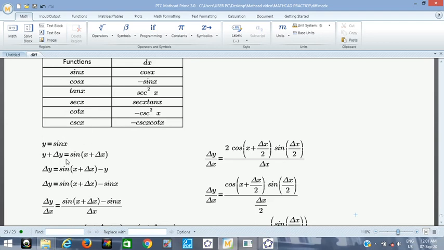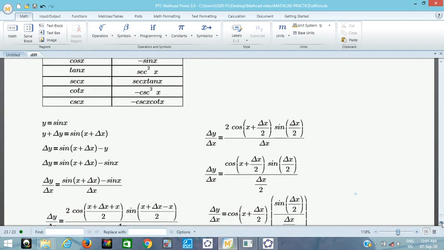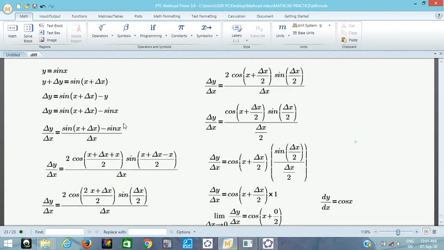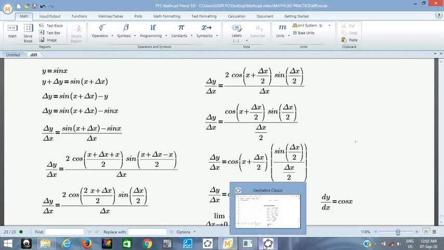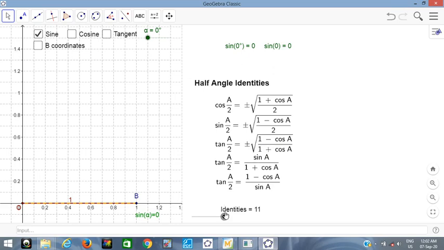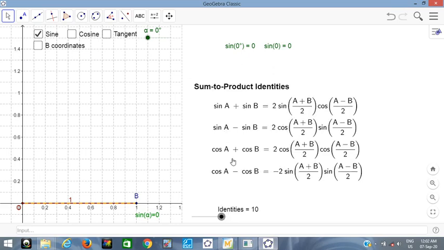The others are of course similar to this. It's the same approach, the same method. All you need to do if you are differentiating cos from first principle is the same steps. When you get to this place, the only difference is that this place is going to be cos. Then you use this formula, which is this. In that case, you are going to use this one. You can see you are having minus 2 sine.